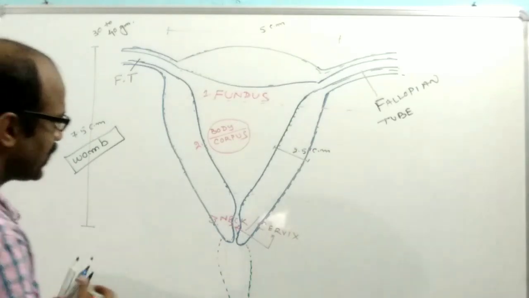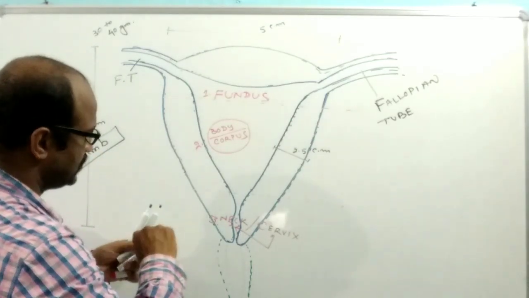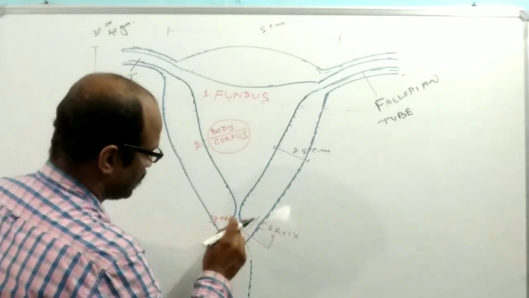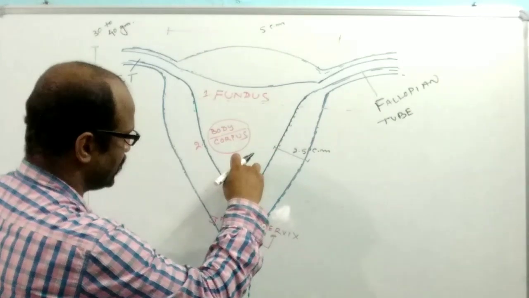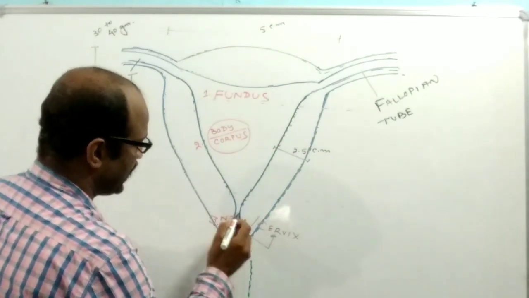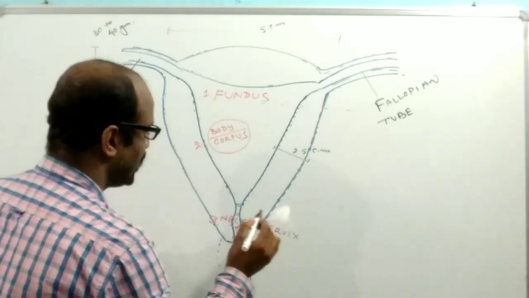If you observe, you find that there is a canal between the cervix and the body of the uterus, and this canal is known as the cervical canal.